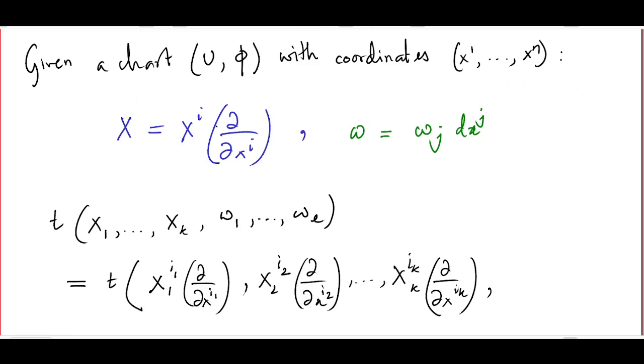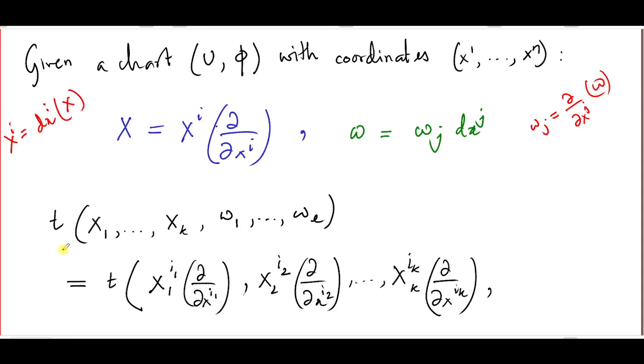And these X^i's can be found simply by applying dx^i, the coordinate differential one-forms, on the vector field X. And similarly, omega_j can be figured out by applying del/del x^j, the jth coordinate basis vector field, on omega.